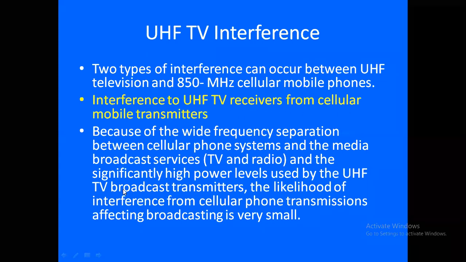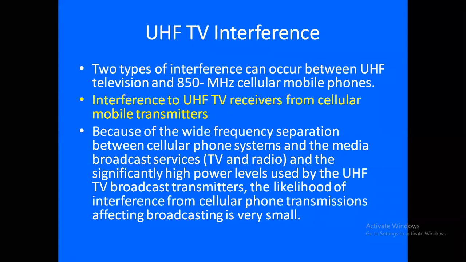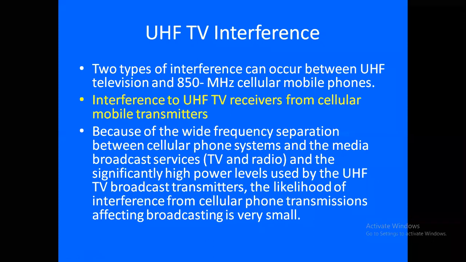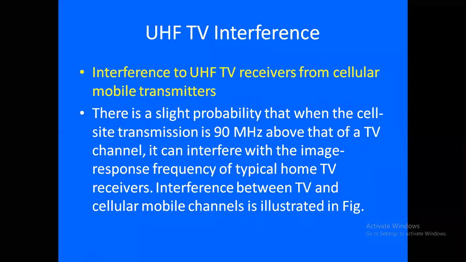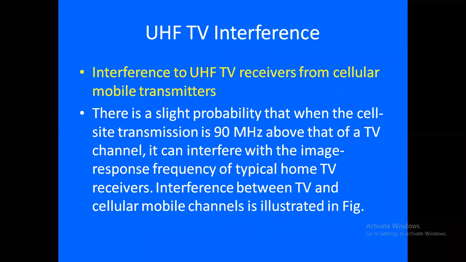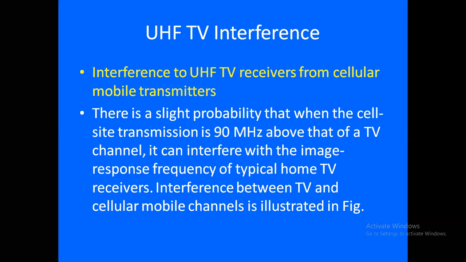Because of the wide frequency separation between cellular phone and the media broadcast services and the significant high power levels used by the ultra high frequency TV broadcaster transmitter, the likelihood of interference from cellular phone transmission in broadcasting is very small. So there is a slight probability when the cell side transmission is 90 megahertz above that of a TV channel. It can interfere with the image response frequency of a typical home TV receiver.